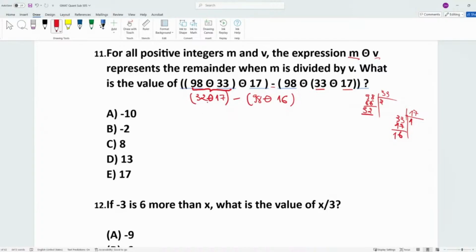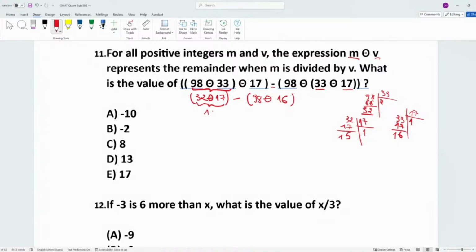So this is basically going to be 32 divided by 17. Okay, so 1, 17, 12, so this is going to be 5 and 1.